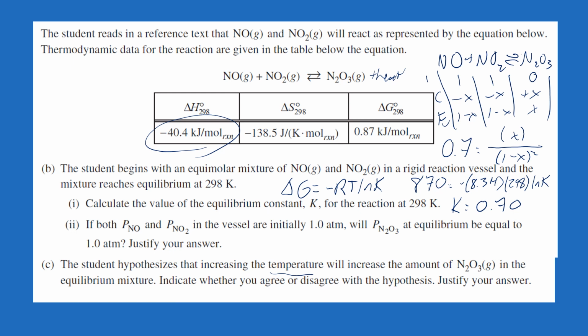If I increase the temperature, it wants to move away from the heat, so it will create more reactants. The student hypothesized that increasing temperature will increase the amount of N2O3. You should disagree because according to Le Chatelier's principle, increasing the temperature of an exothermic reaction will shift the reaction towards the reactants, which would decrease the amount of N2O3.